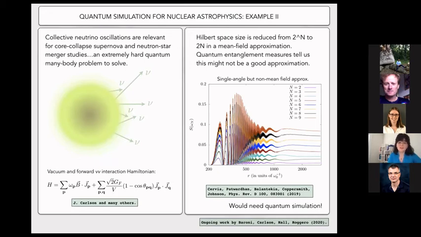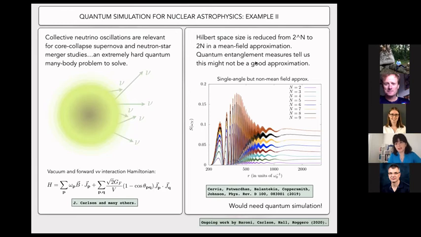If you want the details of how to map this problem onto quantum hardware, you can talk to Alessandro, Joe, and collaborators. But what I want to emphasize is that so far, the classical computations of this problem have used a mean field approximation, which basically tries to reduce the exponential size of the Hilbert space to a polynomial in the size of the system, or the number of neutrinos considered.